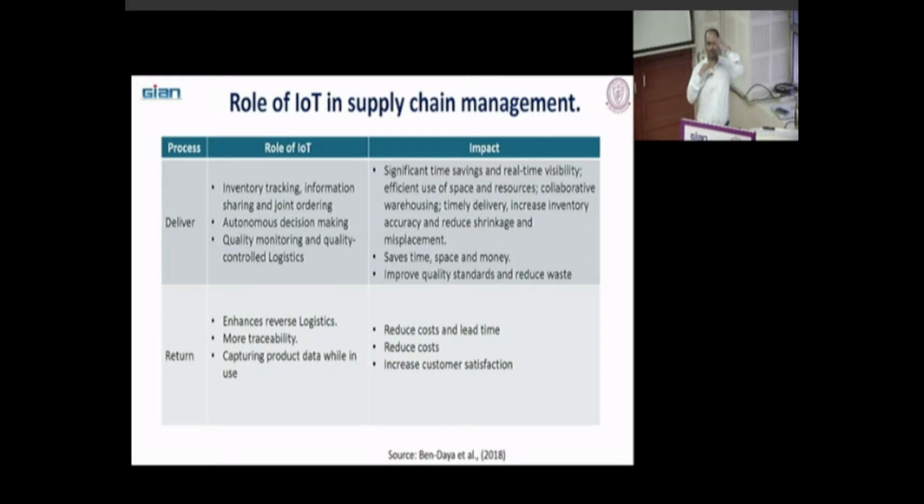If the temperature is increasing a little bit, you can reduce it. Impacts: significant time savings and real-time visibility, efficient use of space and resources, like optimum use of your vehicle's capacity, collaborative warehousing, timely delivery, increased inventory accuracy, and reduced shrinkage and misplacement. Shrinkage is due to the perishable nature of products. It saves time, space and money, improves quality standards and reduces waste.